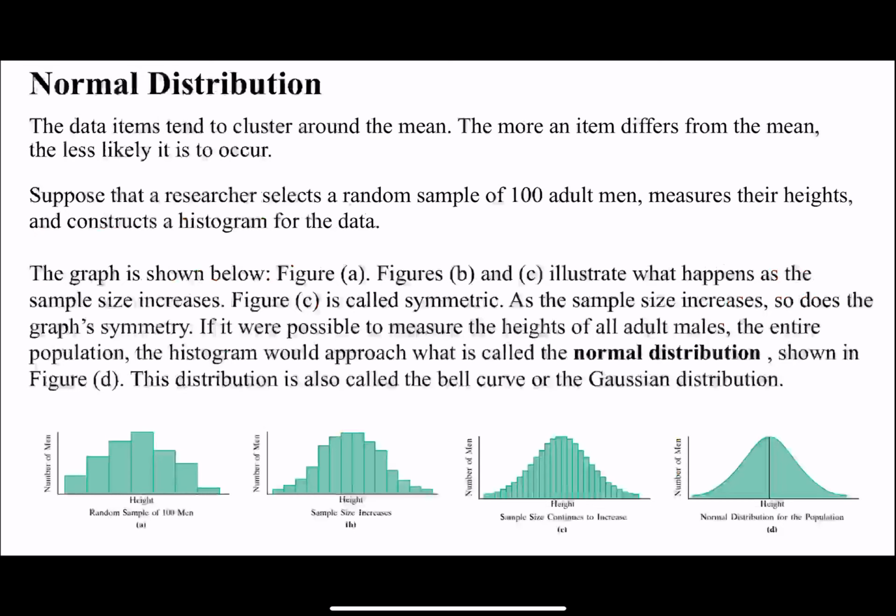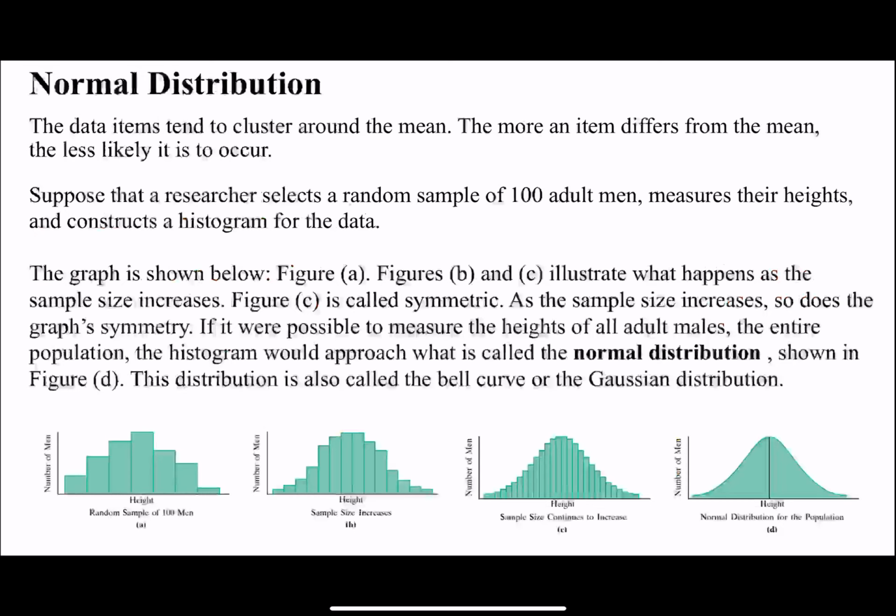For example, let's say we have a researcher that selects a random sample of 100 adult men, and the researcher wants to measure their heights and creates a histogram for the data. As you see, we have figures A, B, C, and D that show the sample size is increasing. From A to D, the sample size is increasing, right?